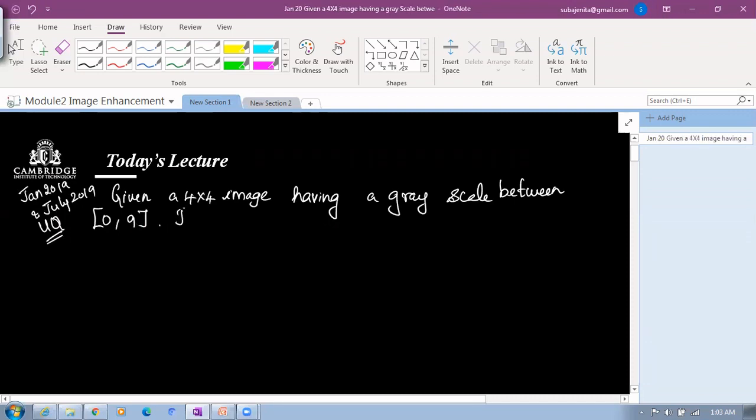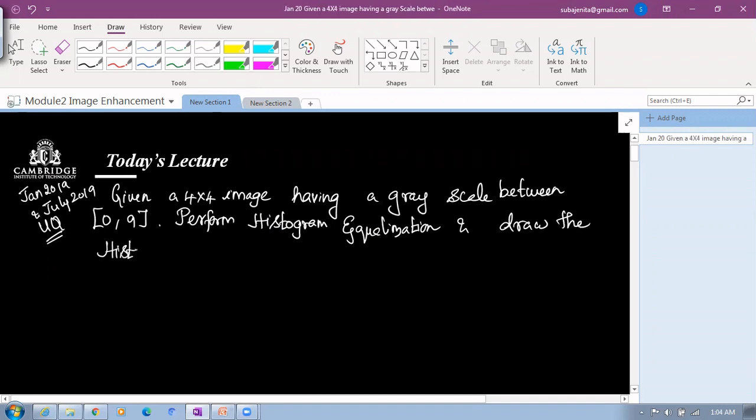Perform histogram equalization. And draw the histogram of the image before and after equalization.